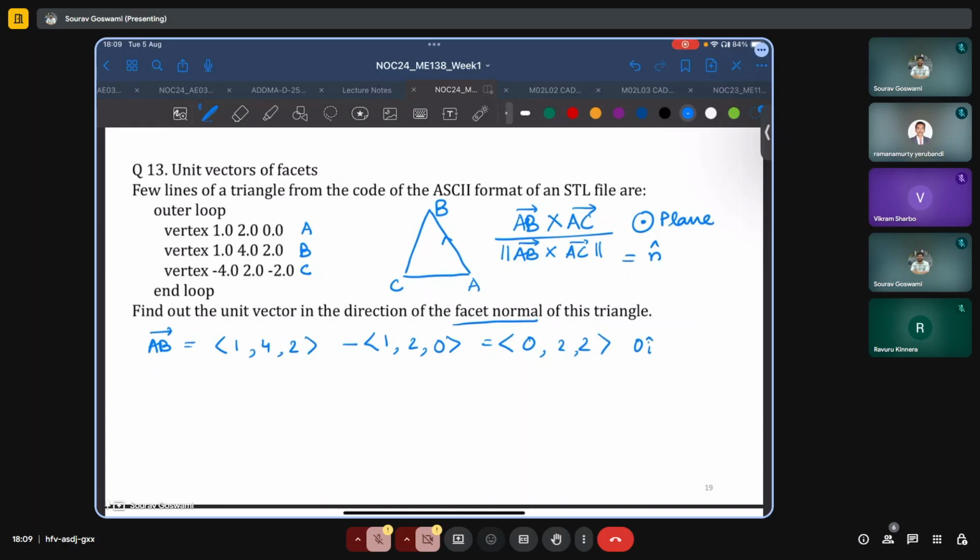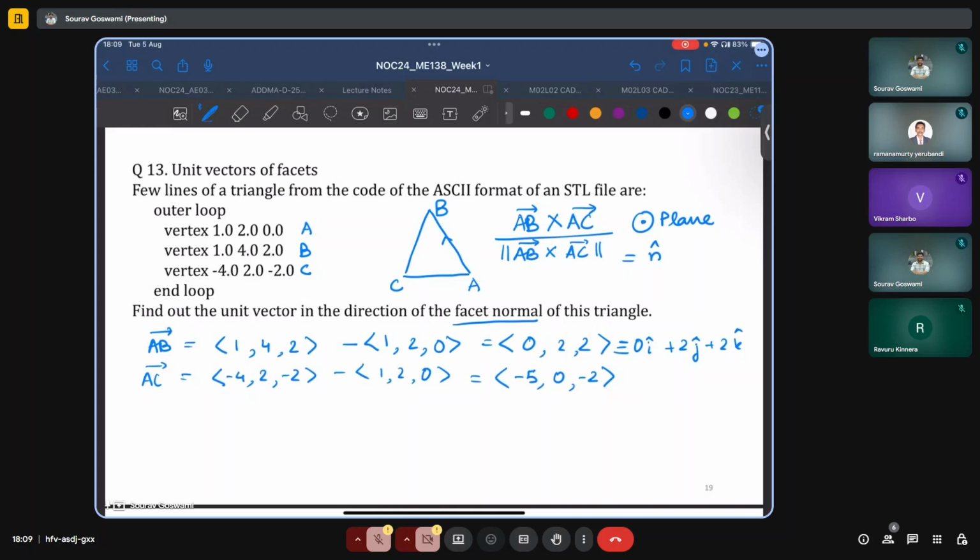So this is basically equivalent to 0 i hat plus 2 j hat plus 2 k hat. Similarly, we can find the other vector AC, which is simply the difference in the position vectors of C and A. So C here is minus 4 to minus 2, minus 1 to 0, which is minus 5, 0, and minus 2.